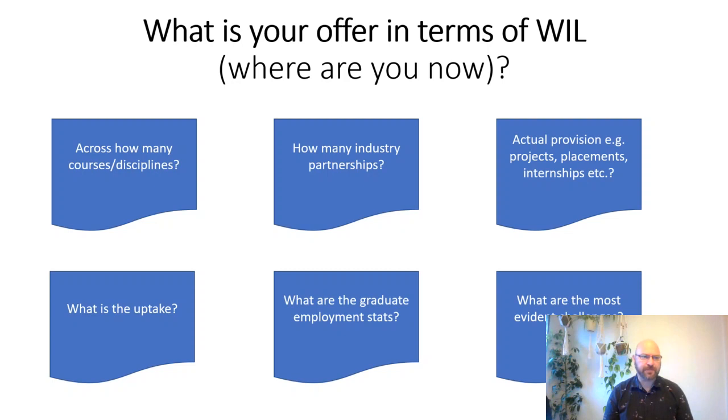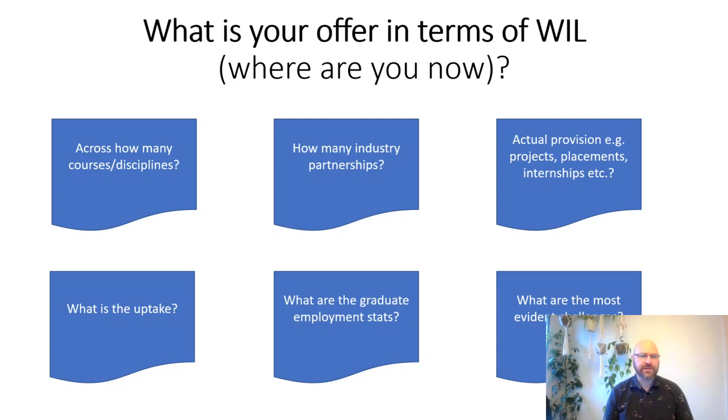What is your uptake? So, is it 20%? Is it 30%? Is it 40%? Do you know any key differences in the uptake? Are men taking it more seriously than women? If you've got quite a wide range of students in terms of age, what is the age uptake? If you run degree apprenticeships, what is your average age on your degree apprenticeships?